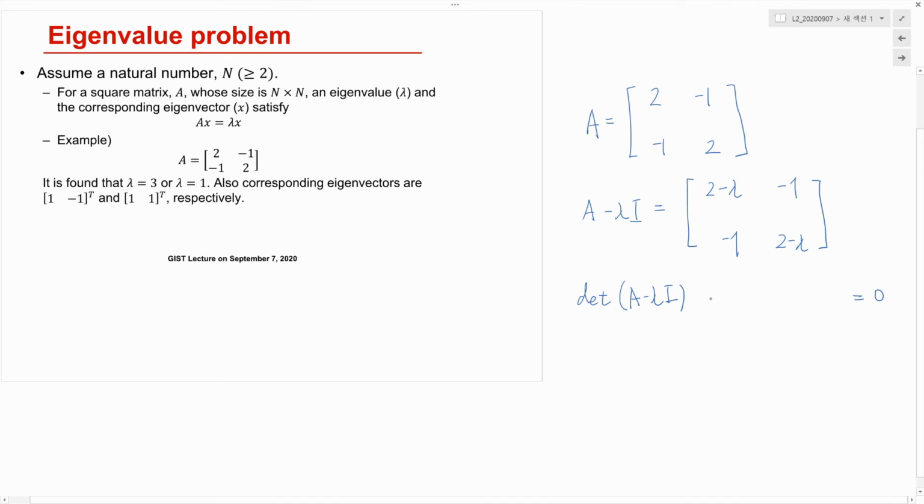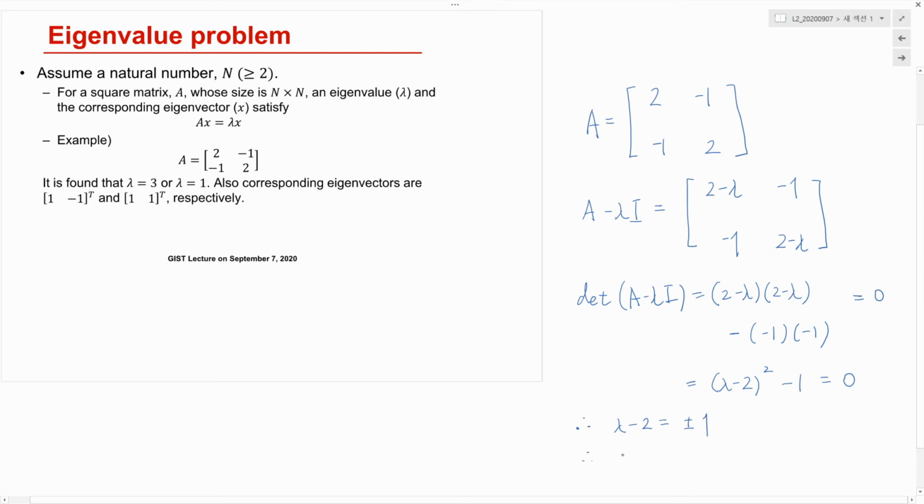Then the determinant is 2 minus lambda times 2 minus lambda, minus minus 1 times minus 1. So this is nothing but lambda minus 2 squared minus 1 equal to 0. So we will have lambda minus 2 equal to plus minus 1. So what will happen?